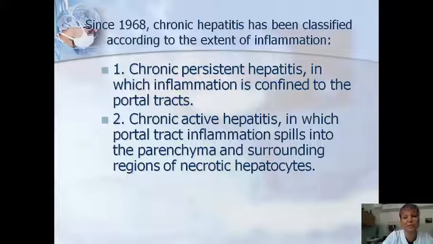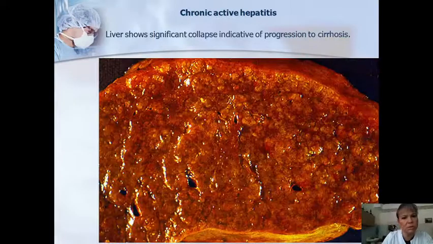Chronic active hepatitis, in which portal tract inflammation spills into the parenchyma and surrounding regions of necrotic hepatocytes. Active hepatitis is the unfavorable form, with fast reorganization of tissue and formation of cirrhosis.